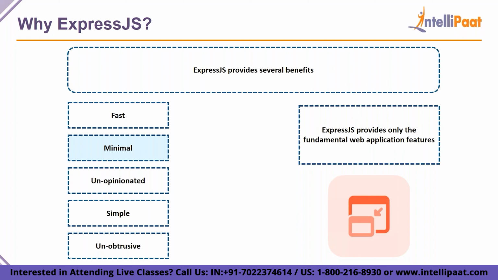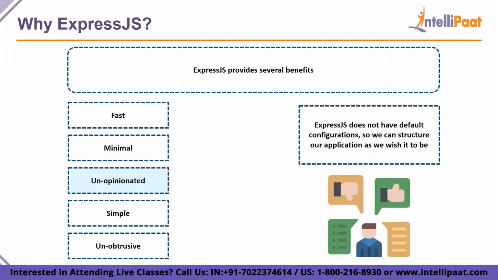It's unopinionated. For those of you who don't know, unopinionated means that it does not have any preconceived notions about how your application should be structured. If you wish, you can build a REST API in ExpressJS using a single Node.js file. Every piece of code that you have to write, you can write in the single file and it will work just fine. But in case you want to break it into smaller pieces so that they are easy to manage, you can do that as well.